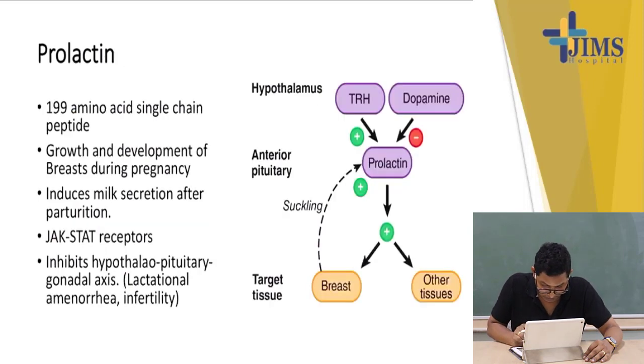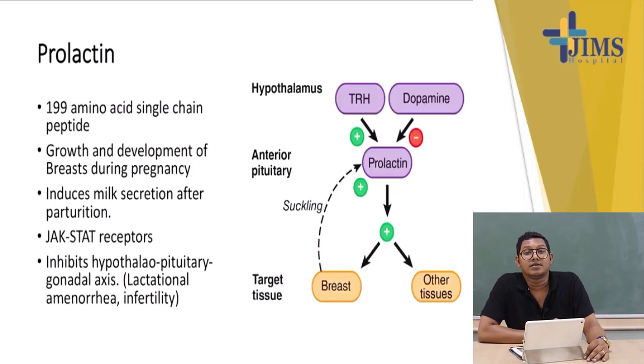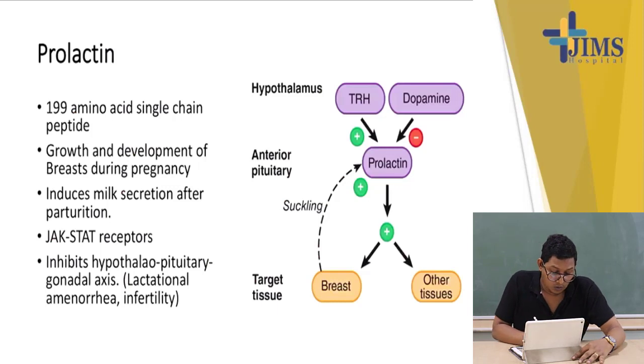Next is prolactin. Prolactin is a 199 amino acid single chain peptide. It leads to growth and development of the breast during pregnancy along with progesterone and estrogen.